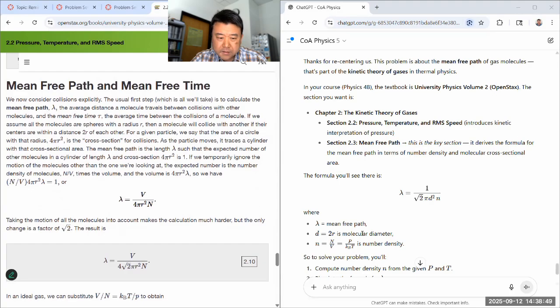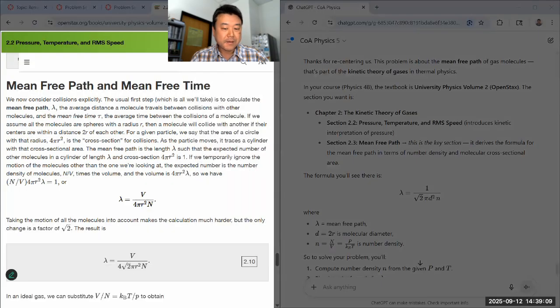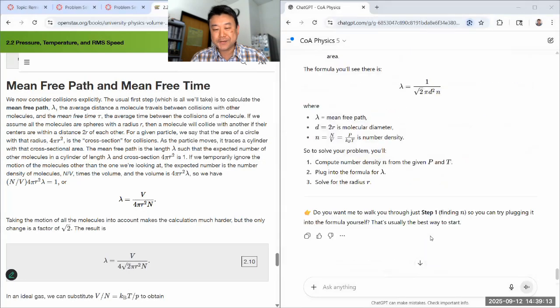If the lowercase n is N over V, and if the d is 2r, then the formula itself is at least correct. As in, you can plug in the numbers here and you'll get the right answer. But this is another reason to look up the textbook, so that you know the correct place to find it.